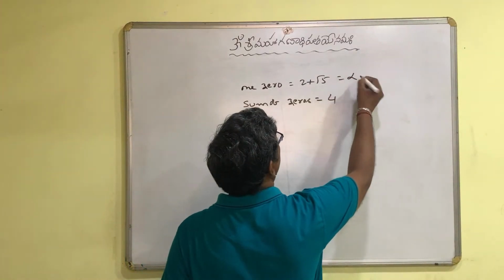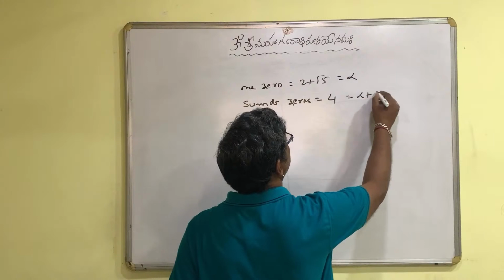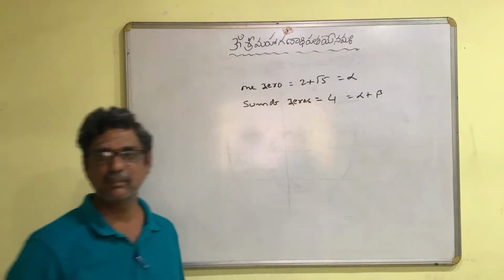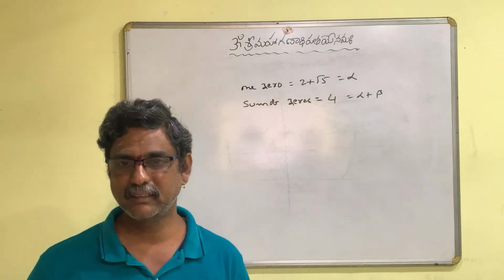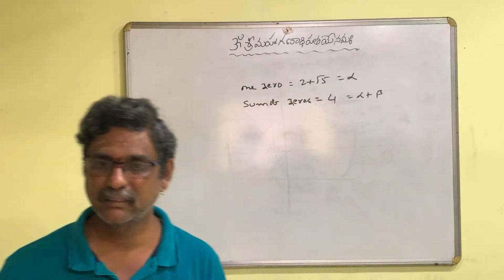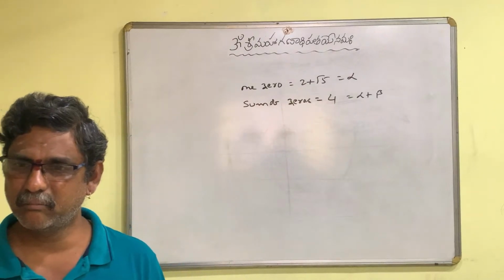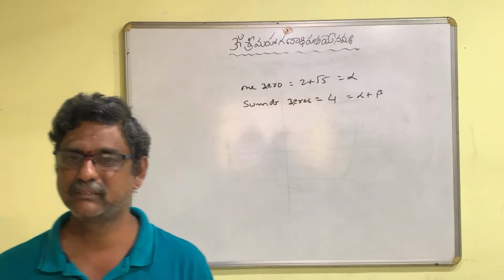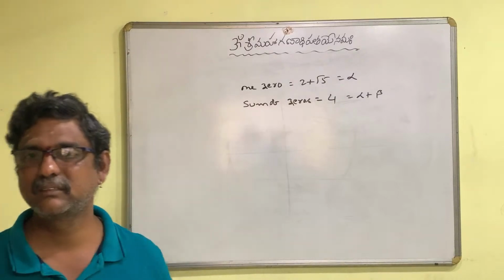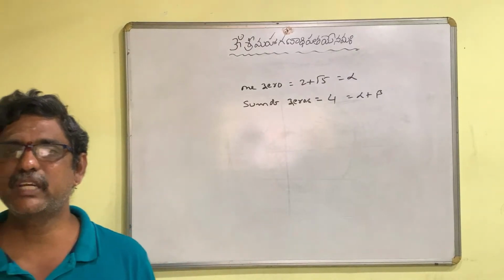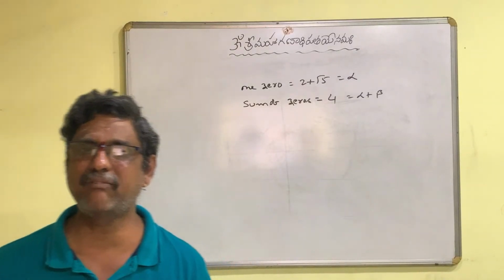Let the given zero be alpha, and the sum of zeros is alpha plus beta. Sum of zeros is given, na? One zero is given as 2 plus root 5. Let it be alpha.